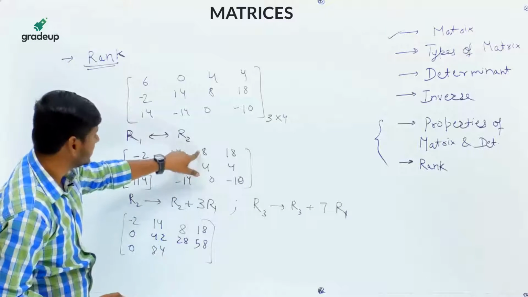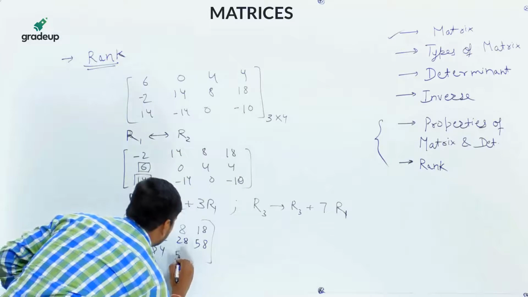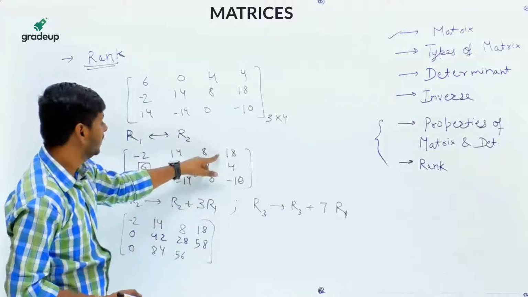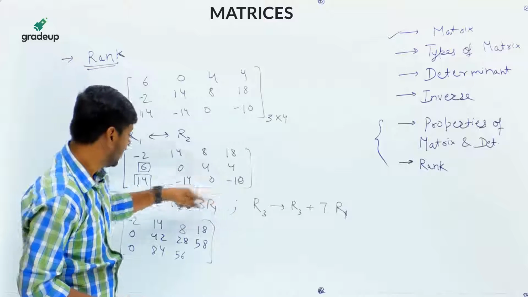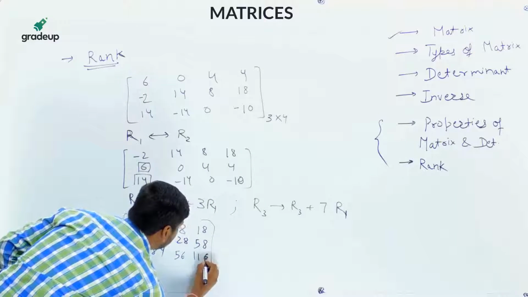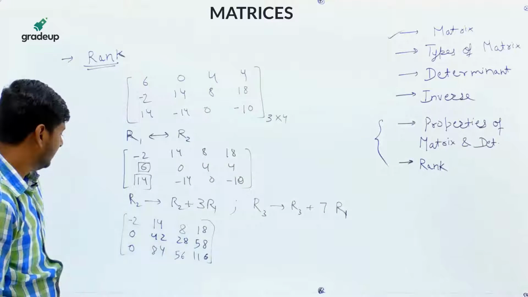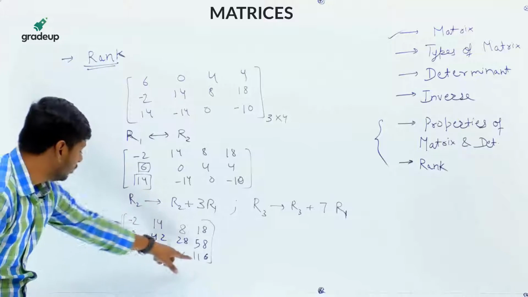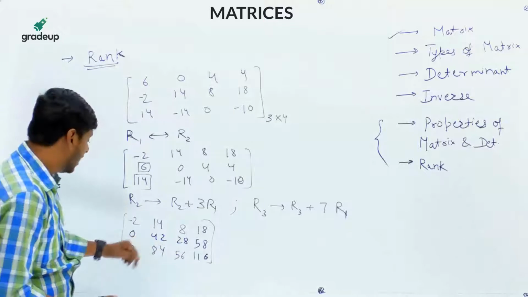Then we get 0 plus 7 into 8, 56. Then minus 10 plus 7 into 18. 18 into 7 is 126, minus 10, that is 116.